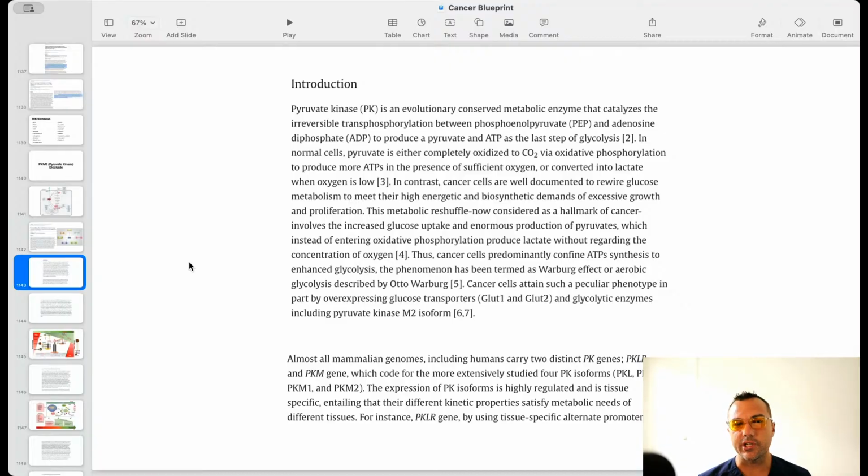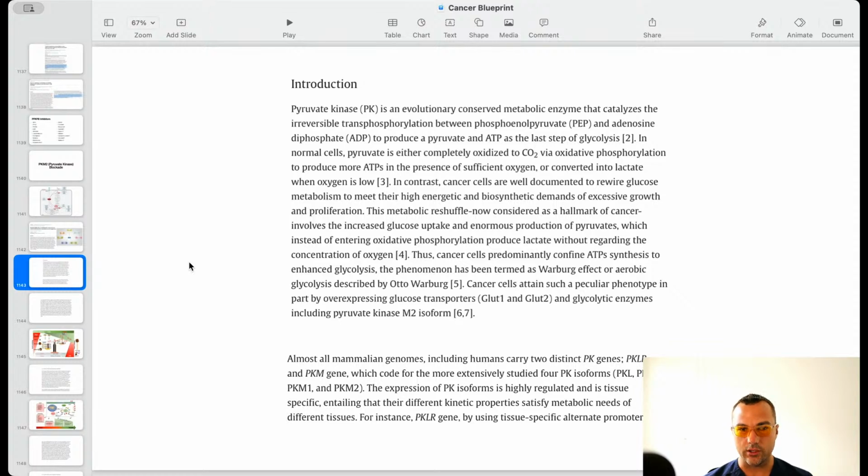So in the introduction, just so we are all on the same page about what pyruvate kinase actually is and does: pyruvate kinase is an evolutionarily conserved metabolic enzyme that catalyzes the irreversible transphosphorylation between phosphoenolpyruvate, PEP, and adenosine diphosphate, ADP, to produce pyruvate and ATP as the last step of glycolysis.